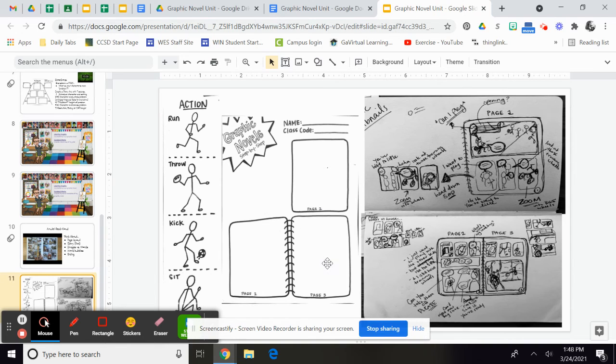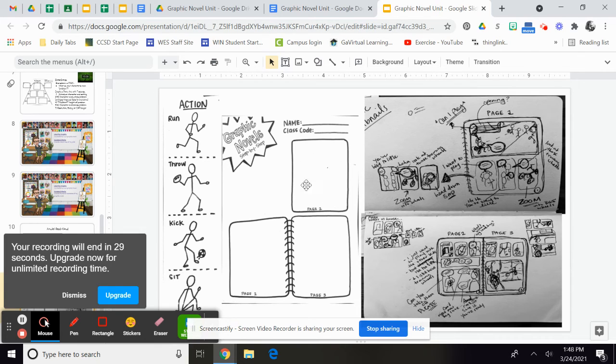Once I have all of my ideas down, once I've designed all 7 of my pages, then I will get a big normal size sheet of paper and I'll begin taking each one of these little pages and transferring that over to my final draft.